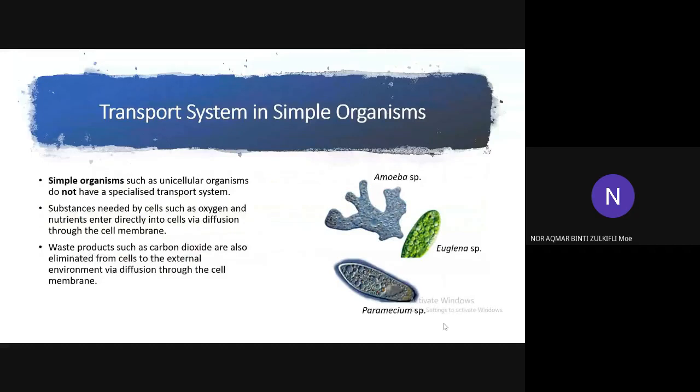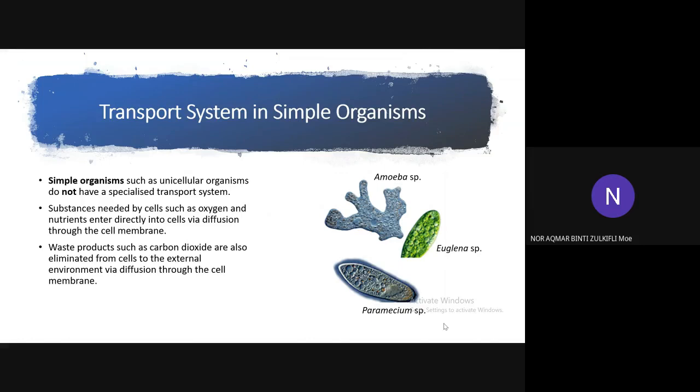Okay, let's look at the transport system in simple organisms. Simple organisms such as unicellular organisms do not have a specialized transport system. Substances needed by cells such as oxygen and nutrients enter directly into cells via diffusion through the cell membrane.